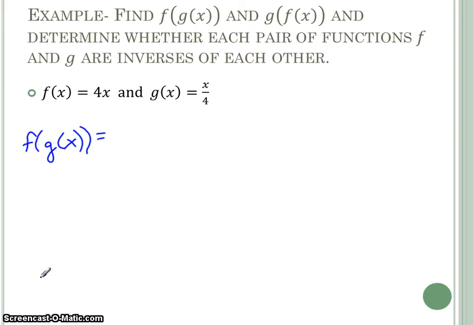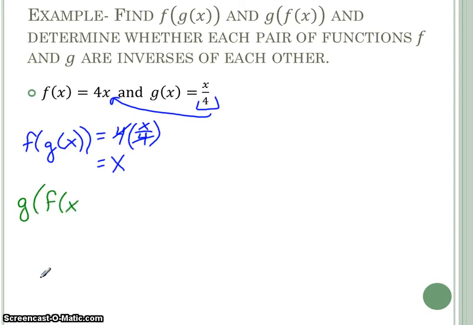So we're going to take that x over 4 and substitute that in there for x. So we'll have 4 times x over 4. Isn't it just gonna be x? Yeah, because those are being multiplied, our 4's would cancel. And that's just x. So, all right, f of g of x works out nicely.